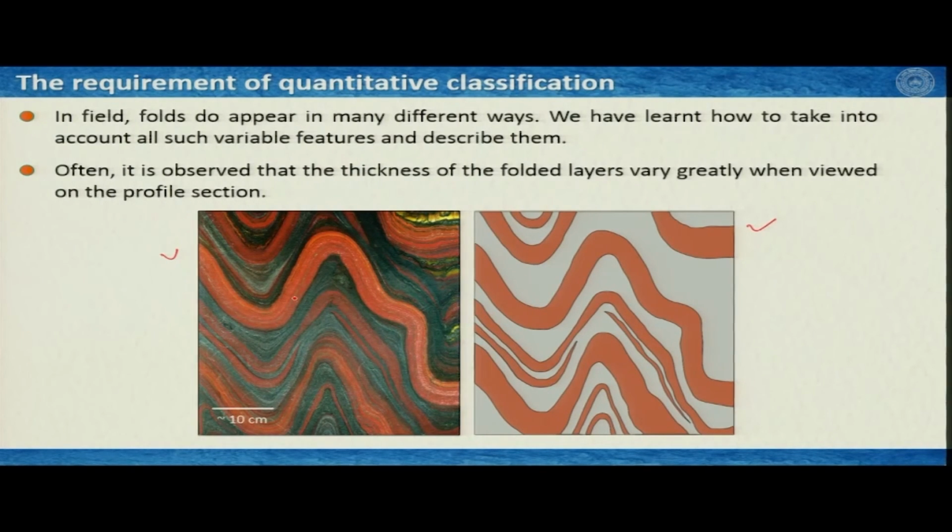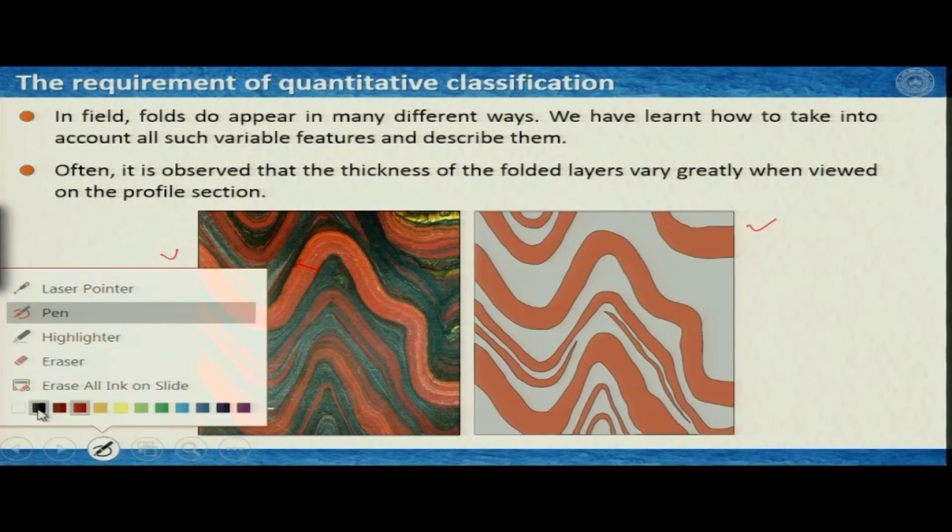This is a banded iron formation that got folded. I collected this photograph from the internet, and it is spectacular, isn't it? Alternate red and black layers got folded. The red layers are cherty layers and the black layers are iron-rich layers. Apart from the beauty of this image, if I try to measure the layer thickness of these red layers, say from here to here, I change the color, it would be easier.